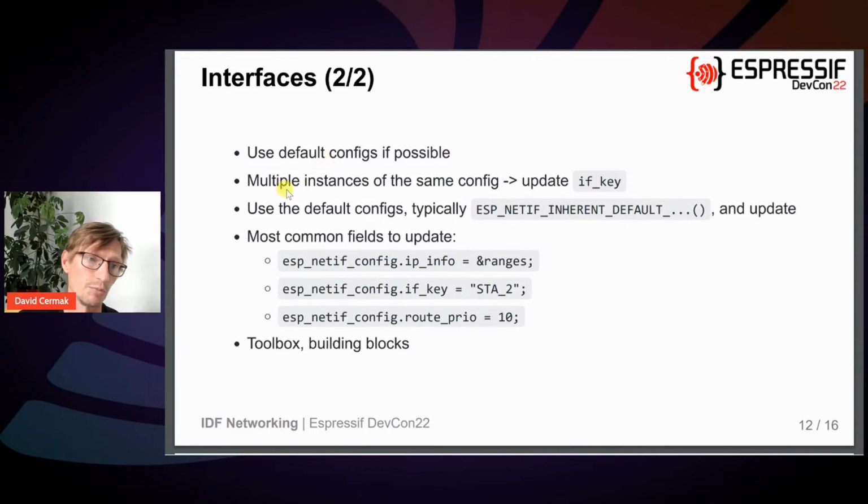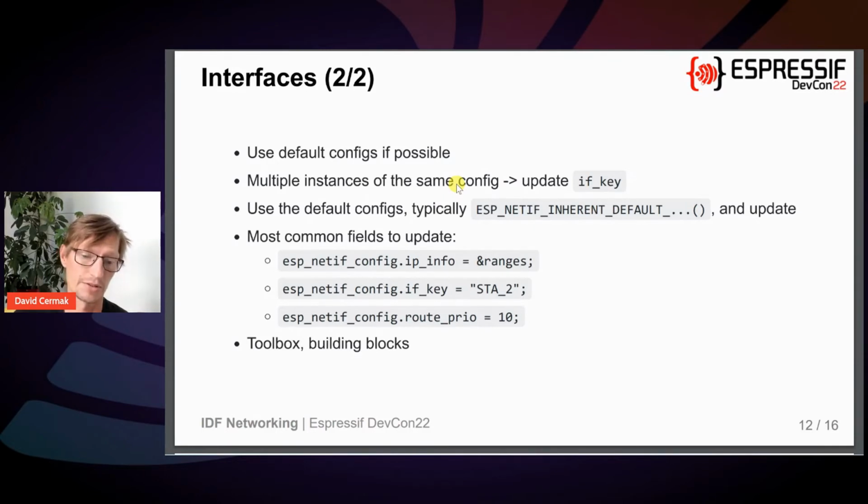If we want to have multiple instances of the same config, just be aware that we need to update this interface key. This is the unique name of the interface, and we are not allowed to add two interfaces with the same interface key.